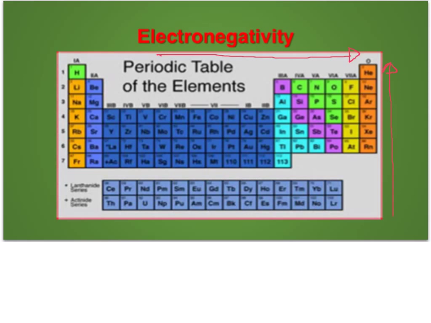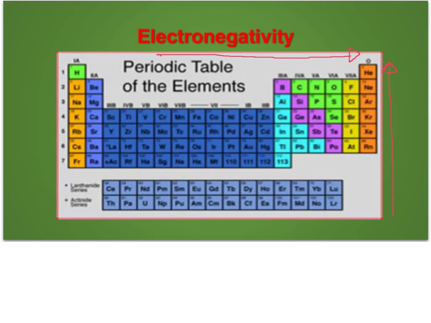So that tells us, if I were to ask you now, which element has the highest electronegativity? You have to think about why these elements gain electrons. Why do they want to pull electrons to themselves? They pull electrons to themselves because they want to be stable. They want to gain that outer octet, that stable configuration, s2p6.